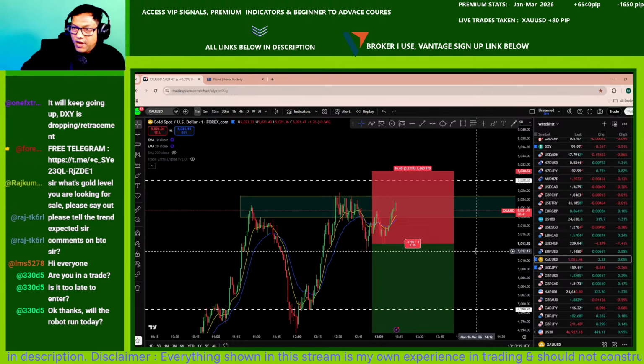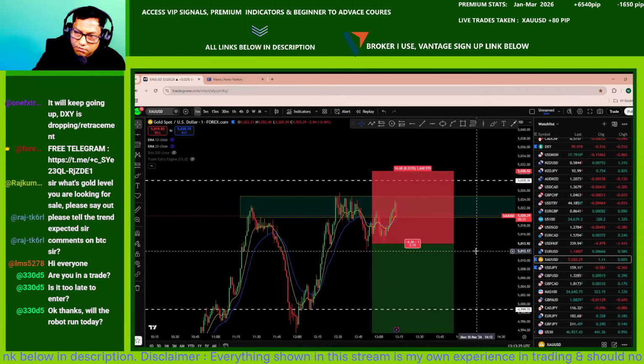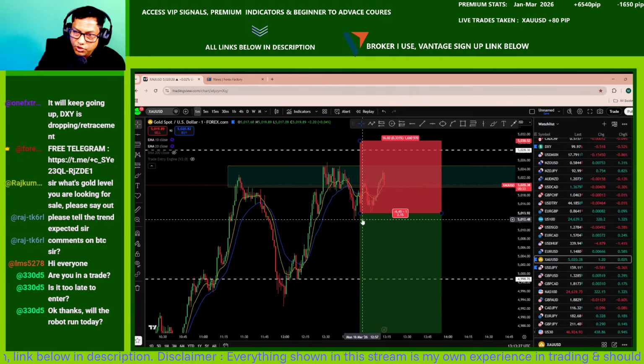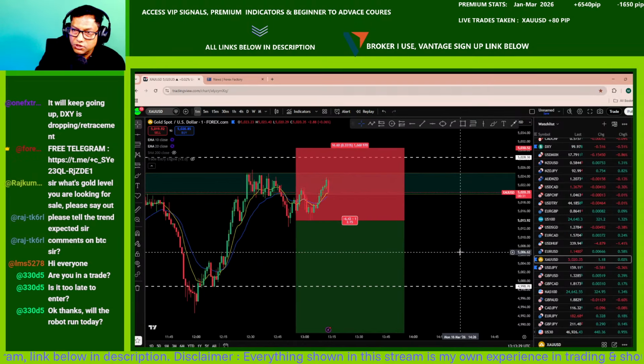So from that key level, we see some rejection coming up. And once the market manages to cross our entry well below, we will be moving the stop loss to entry.